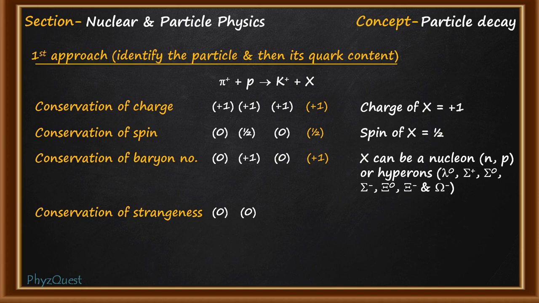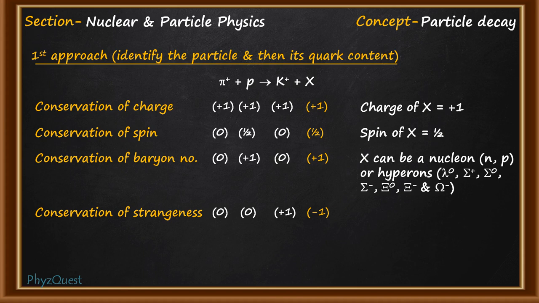But kaon is a strange particle with strangeness +1. So on the left-hand side the total strangeness is 0 + 0, which is 0, but on the right-hand side one particle has strangeness +1. To conserve strangeness, X must have strangeness -1.